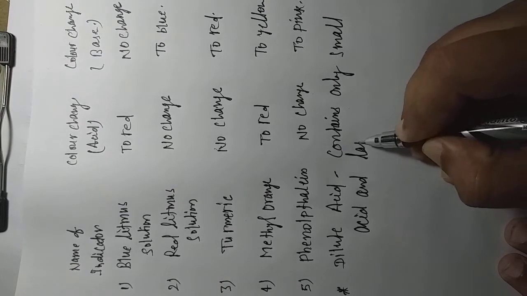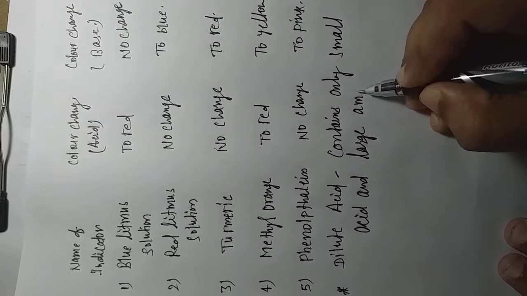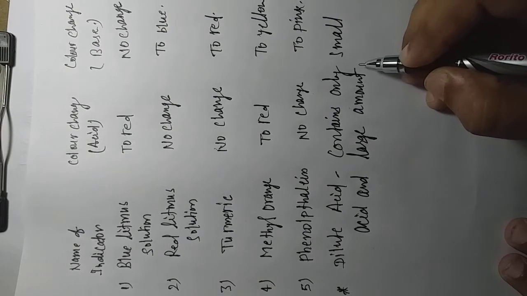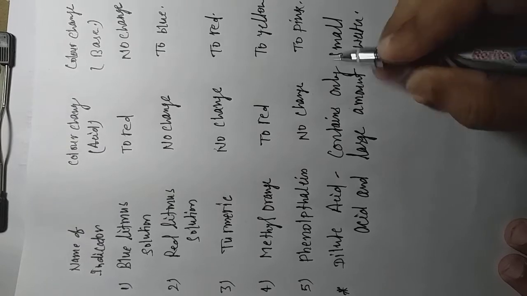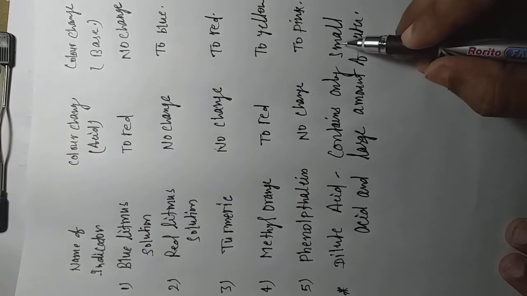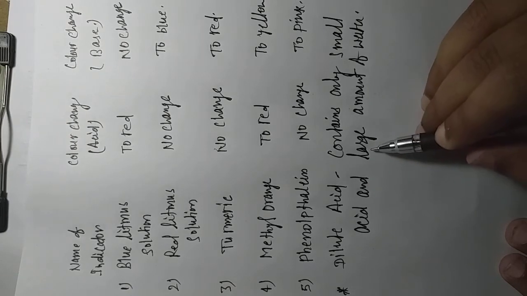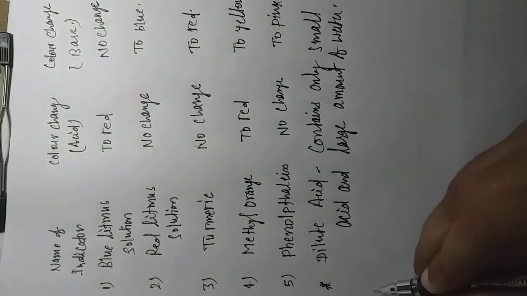Memorize this well, it is very important. We commonly use dilute solutions in chemistry. It means that water is in excess in comparison to acid, right? So the acid is smaller in quantity, a large quantity of water is present, and that is called dilute acid.